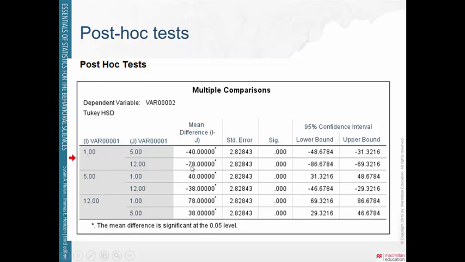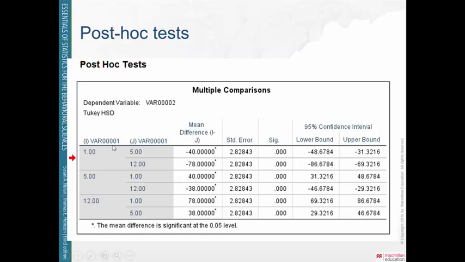That mean difference is 78 points. 1st graders scored 78 points less than 12th graders. That's what this is telling us. And again, our significance level is 0.000, meaning that group was statistically significantly less, which makes sense.